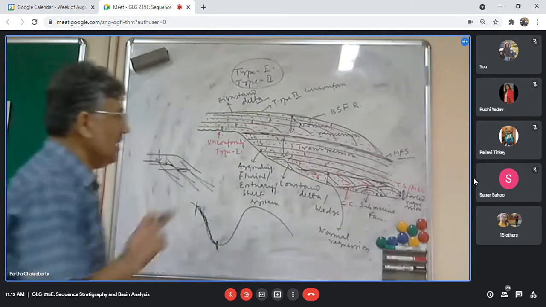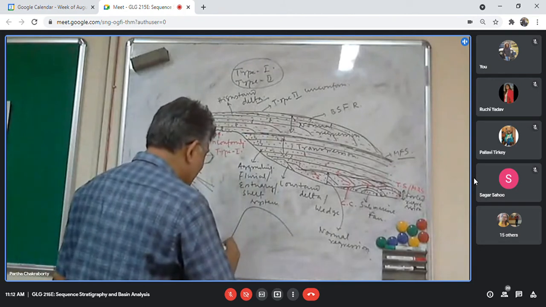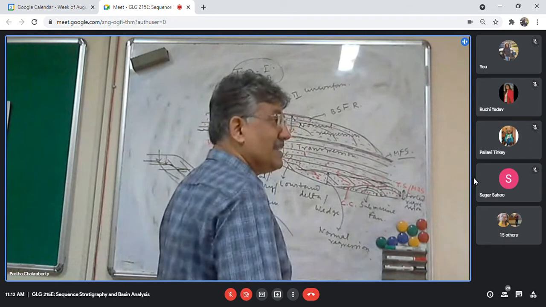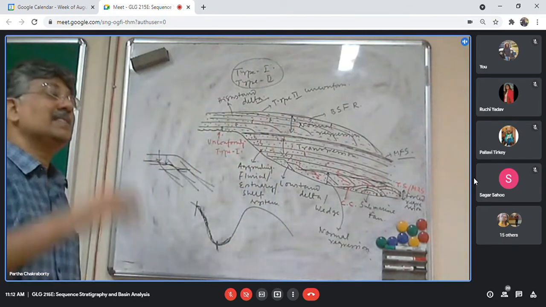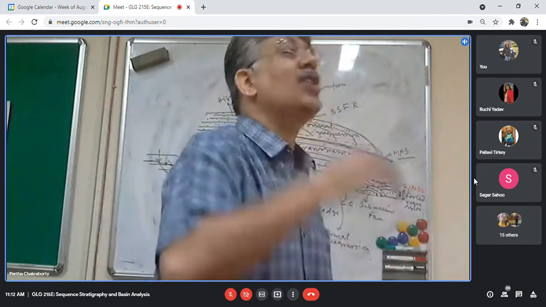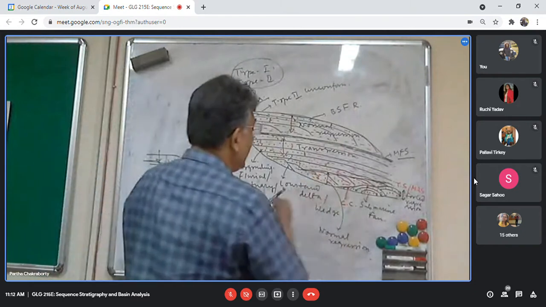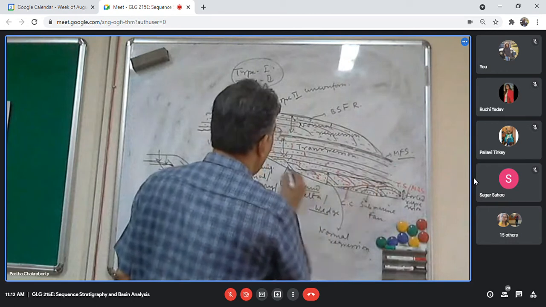Okay? Fine. After that, the base level is rising but at a slow rate. So what is happening? The sedimentation is keeping pace with, or actually overriding, the rate of base level rise. So in the normal regression you get the lowstand delta or lowstand wedges.